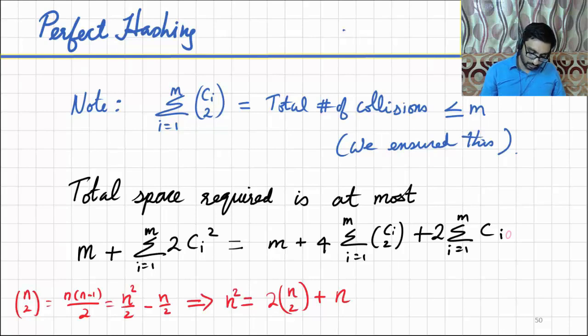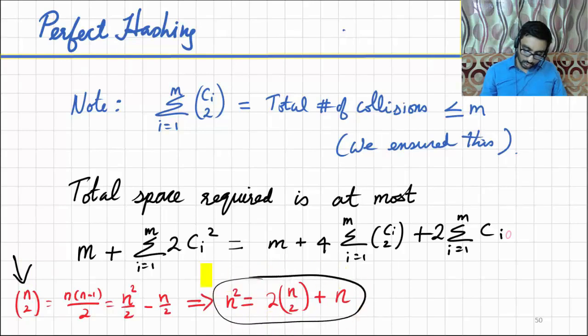Recall that n choose 2 can be written as n times n minus 1 by 2, of course, and that's equal to n squared by 2 minus n by 2. So this means that n squared can be written as 2 times n choose 2 plus n, which is what we're going to do here. So this ci squared, we're going to write as 2 ci choose 2 plus ci, and remember that's why we have a 4 here, plus 2 times the summation of ci.